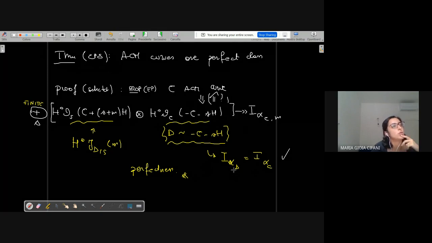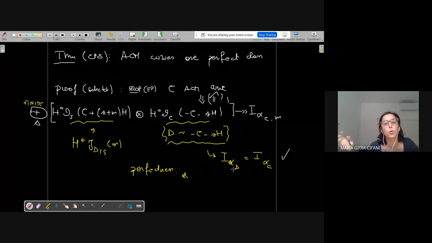When we tried to write down examples of ACM curves before proving it, the key point for me, as I'm not really an expert on ACM curves, is that all the ACM curves are related by liaison to other ACM curves, and they're all related to a line.